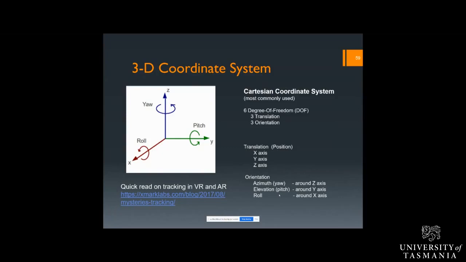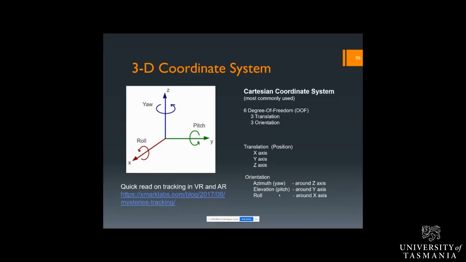Essentially, it's three translations, X, Y, and Z, and three orientations, pitch, roll, and yaw, on those axes. There are other coordinate systems that people use, but in Unity you use mostly this Cartesian coordinate system: X, Y, Z, pitch, roll, and yaw. So these six degrees of freedom are key. It's called full rigid body movement.